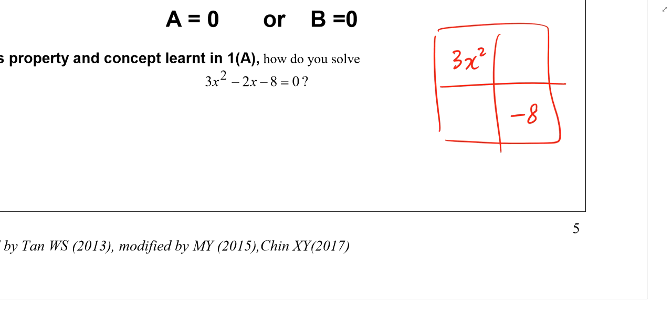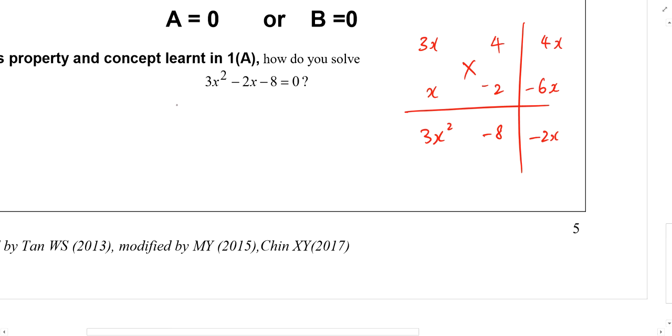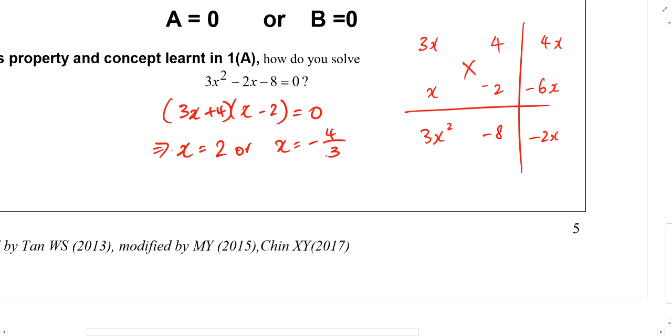Okay, do we now factorize, everybody? No, you look at the screen and tell me what to write. 3x plus 4, x minus 2 equals 0. Therefore, x equals 2 or negative 4 over 3.